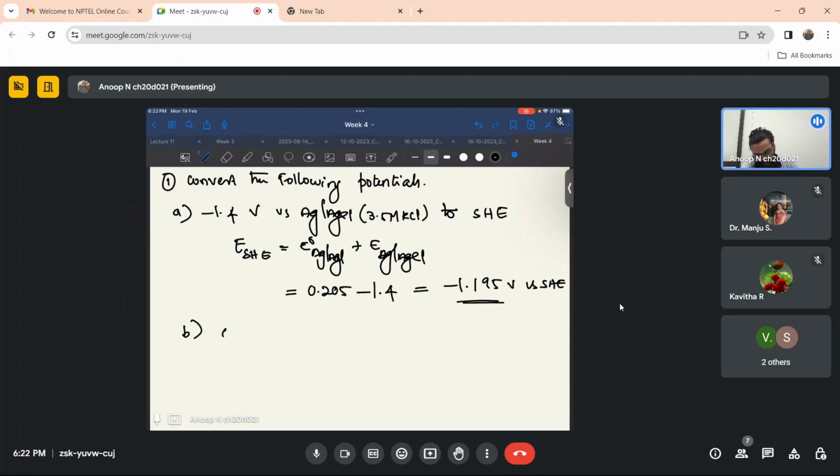Now try 0.63 volt versus Ag/AgCl filled with saturated KCl, to SHE. What will be the answer?